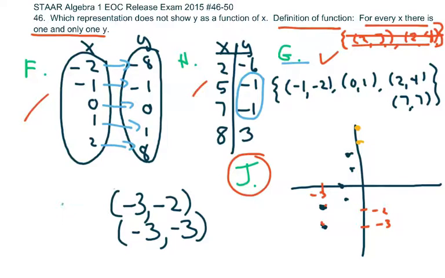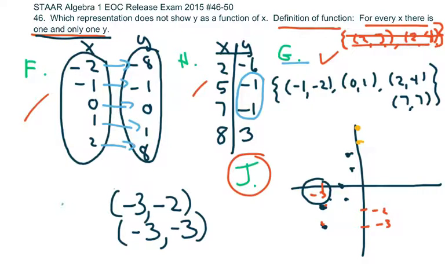So this is not a function because for one x, -3, they're paired with two different y's. So there's not one and only one y, there's actually two y's.